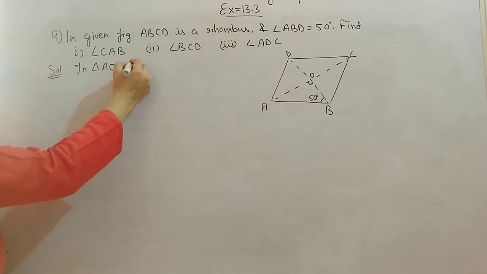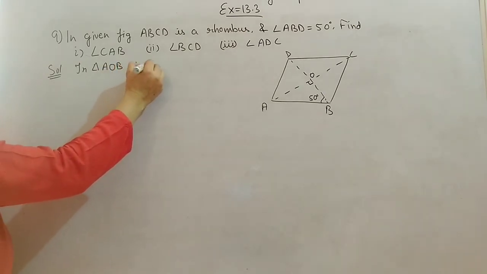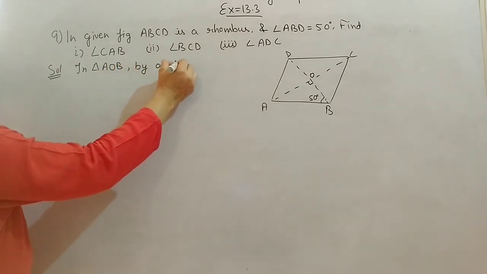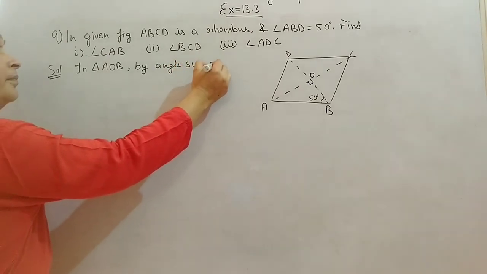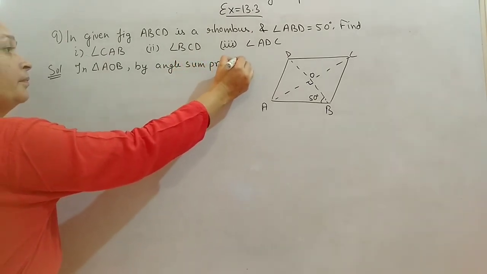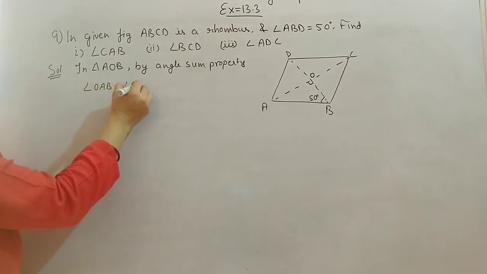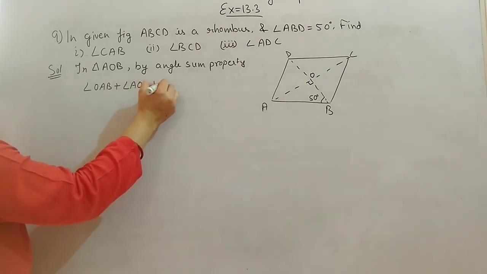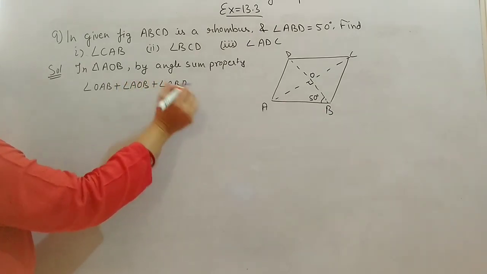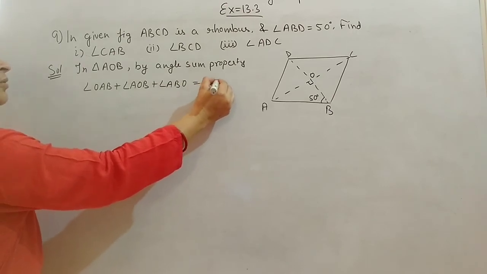So in triangle AOB, by angle sum property, angle OAB plus angle AOB plus angle ABO. These three angles will be equal to 180 degree.